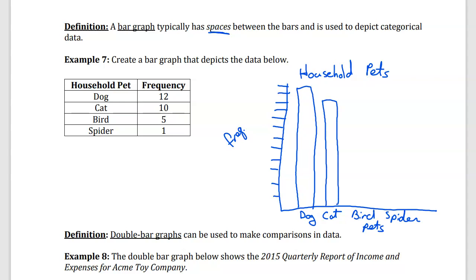We only have 5, so here's 5. And then 1 for a spider. Okay? And that's a bar graph. A lot of us are used to the bar graphs. And that's how you would draw the differences between the bar graph and the histogram.